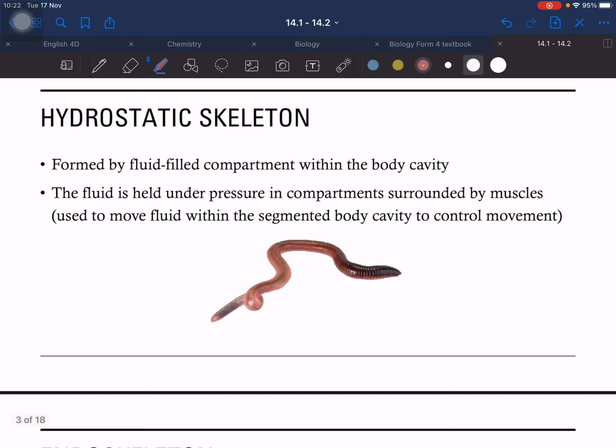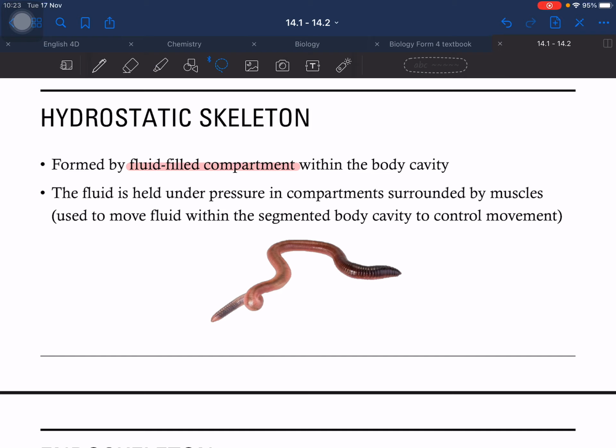Next would be a hydrostatic skeleton. So hydrostatic skeleton is formed by fluid-filled compartments within the body cavity, and the fluid is held under pressure in compartments surrounded by muscles. So the muscles are used to move the fluid within the segmented body cavity to control movement.